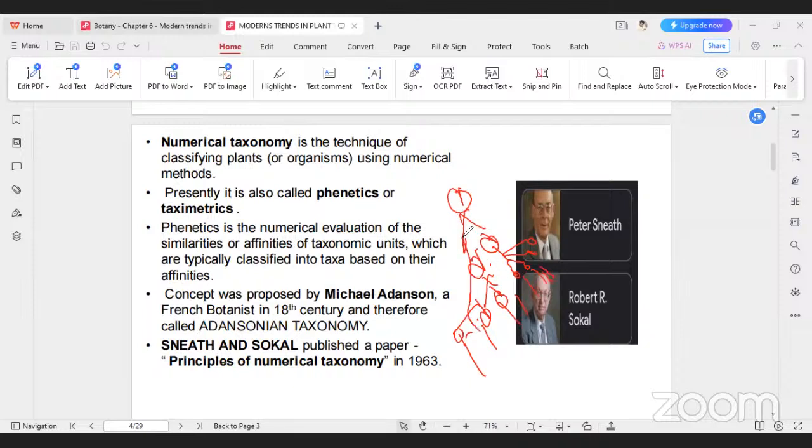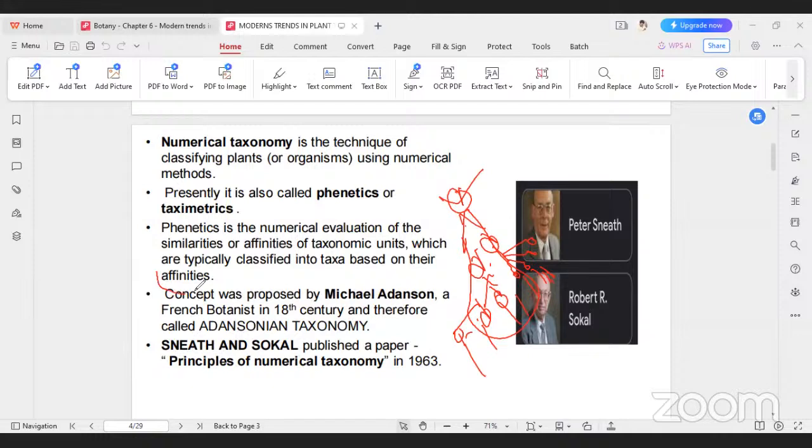So these relations are called affinities from one common ancestor. These characters are carried forward from the common ancestor. So this is called affinities, which are typically classified into taxa based on their affinities.